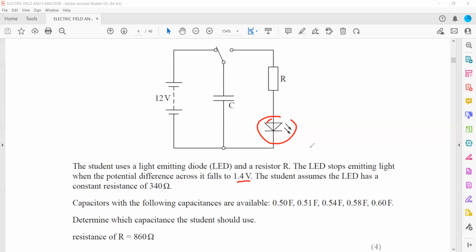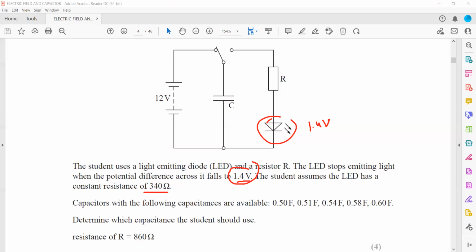Voltage across the capacitor. The LED stops emitting light when the potential across it falls to 1.4. So the minimum voltage across the LED can be 1.4. And what about the maximum voltage, or initial voltage, across the LED?